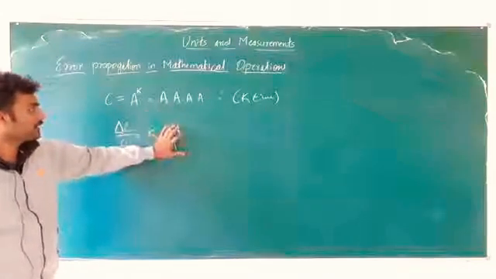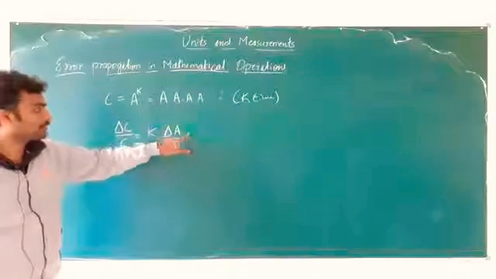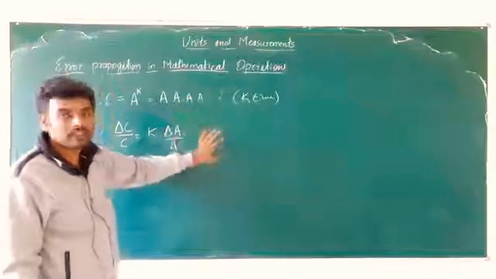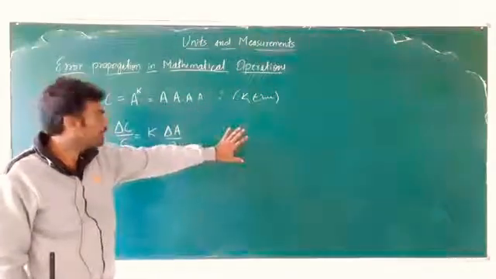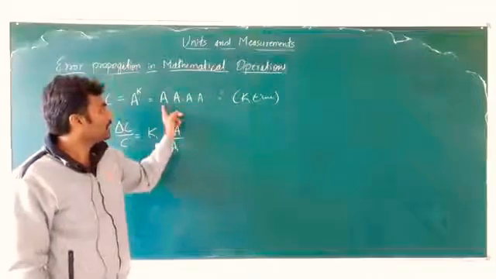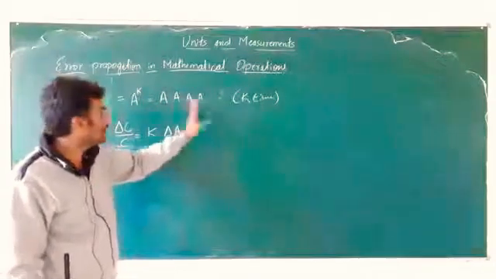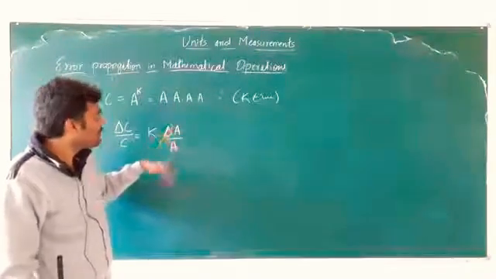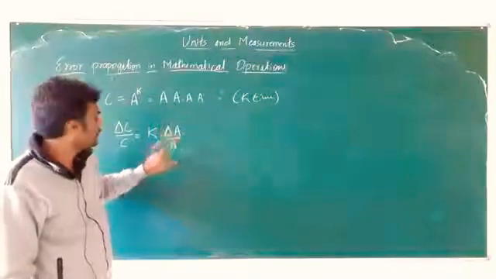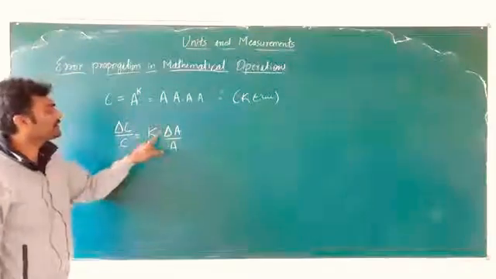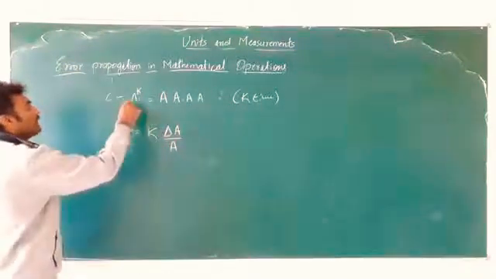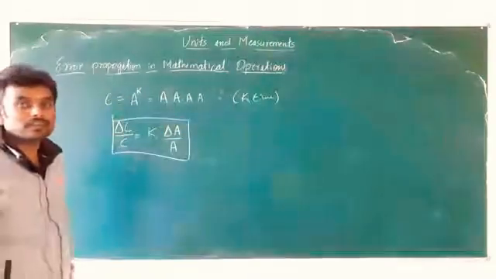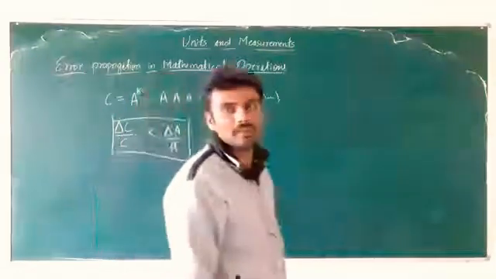So again delta A by A plus, again delta A by A plus, again delta A by A. How many times? K times. K values of quantity A will give us K number of relative errors, and hence delta C by C is equal to K into delta A by A when we have C is equal to A to the power of K. This is one more operation, very important.